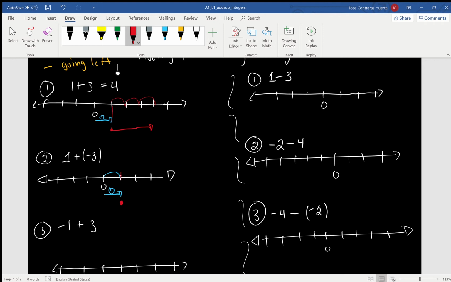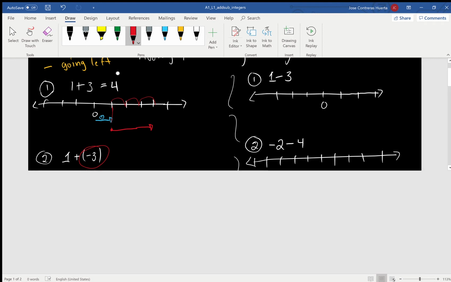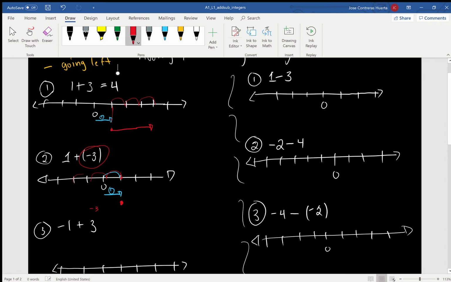I'm going to go to the left, because in this case my 3 is negative. So I go 3 steps starting from where I stopped: 1, 2, 3. I moved a distance of 3 to the left, and this gives me my answer. I stopped at the position of negative 2, so my answer is negative 2.